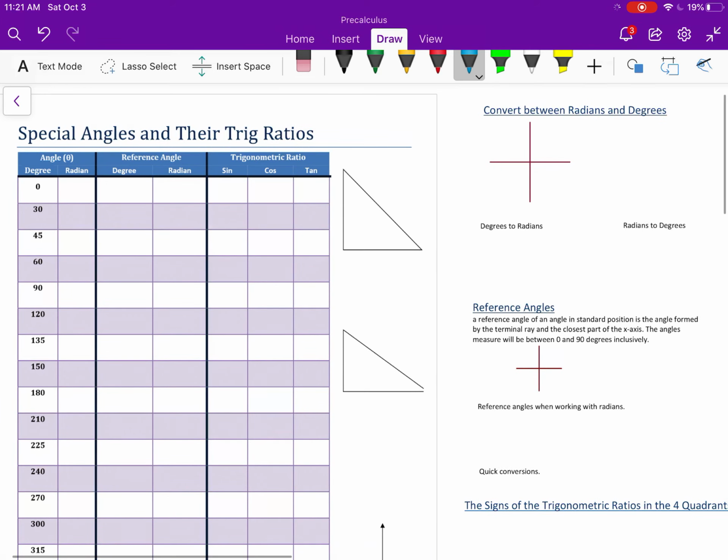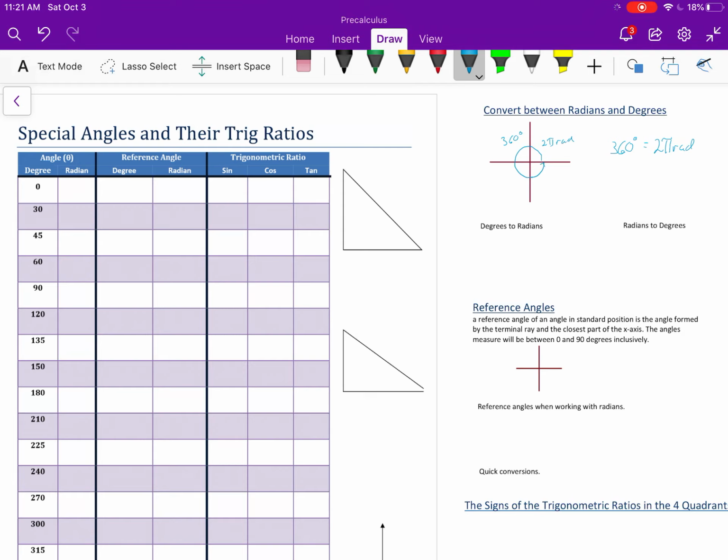We know that a full rotation is 360 degrees when dealing with degrees. We also know that a full rotation is 2 pi radians, which means 360 degrees is equal to 2 pi radians. And we can use this to make some conversion factors.